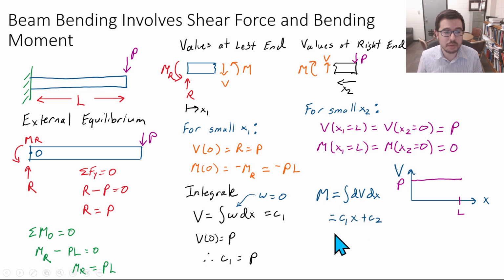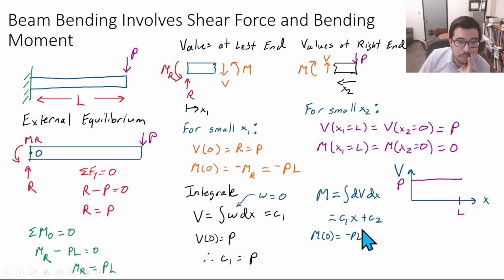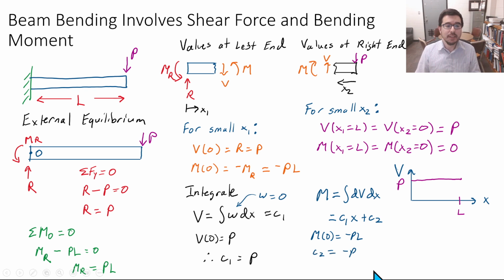When we do this out, we take this coefficient, so C1x plus another constant, and we have that M of 0 at the left side already from our boundary condition right here is equal to minus PL. So we need to plug something in, right? When x is equal to 0, we need to plug something into C2 that will make it equal to minus PL. Well, C2 can just be minus PL.